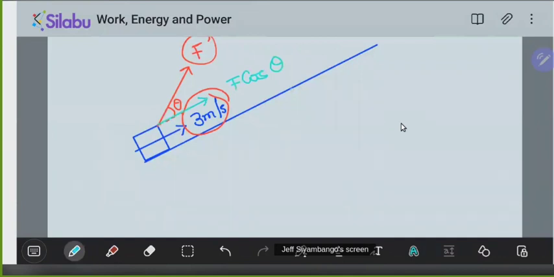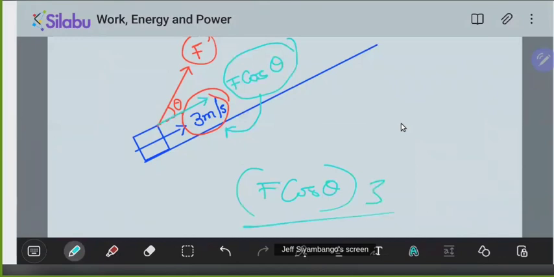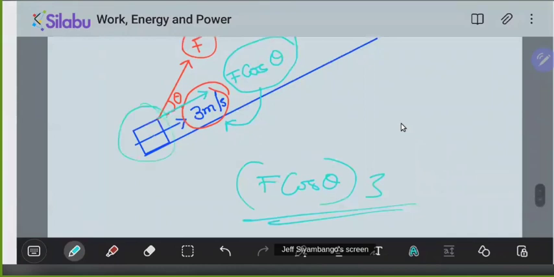So this is the force that will actually be contributing to that 3 meters per second. But in this case, you really don't want to multiply the F cos theta with the 3 and say this is what is actually giving you the power. Why is that? Because there's going to be another force present.